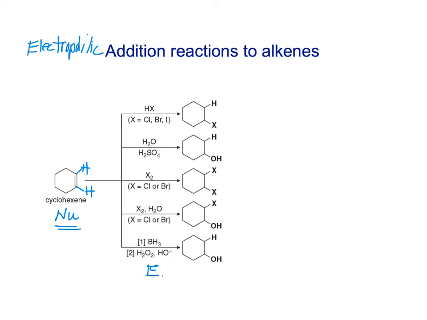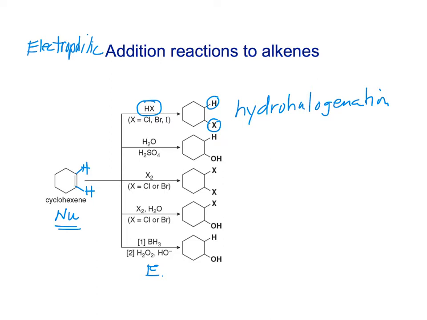So the first reaction we'll do, this hydrohalogenation, involves the addition of HX. We see a new H attached to one carbon and X attached to the other carbon. We can also do such reactions where we use water.